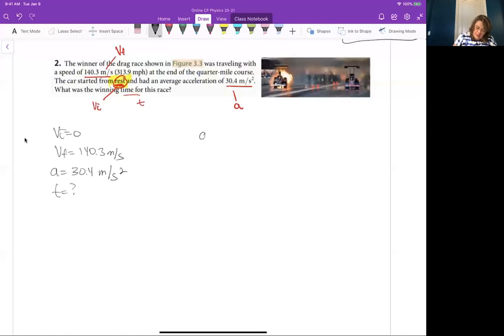So acceleration is change in velocity over time, elapsed time. That means the initial was 0. And I want time, so I rearrange that equation, a over delta v, and I plug in numbers. 30.4 meters per second squared divided by change in velocity.